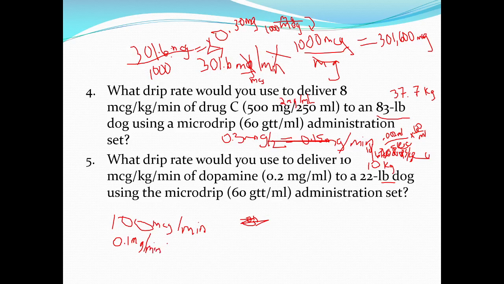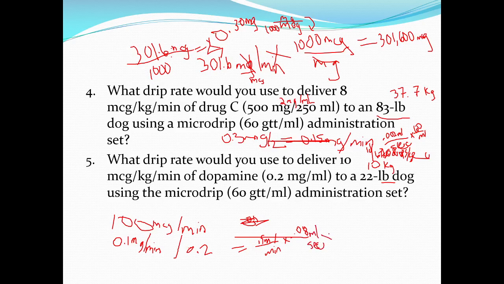Divide that by the concentration. 0.1 divided by 0.2 is 0.5 mils per minute. Okay, and then we understand that there are 60 seconds every minute, so 0.5 divided by 60 is 0.008 mils per second.